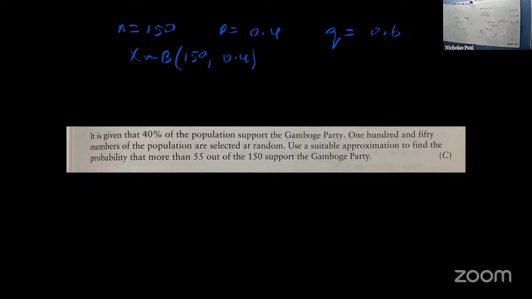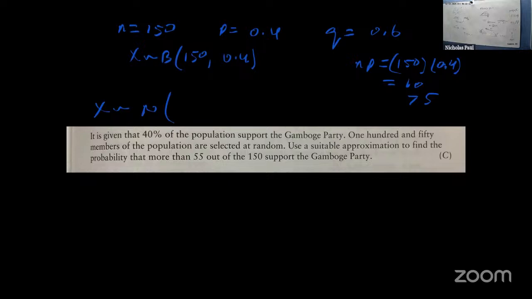But if you multiply n by p, you'll get 150 by 0.4, and you will recognize that the value is 60, real big. So that value is more than 5. So we have to change the approximation. So we had to approximate with a normal, right?